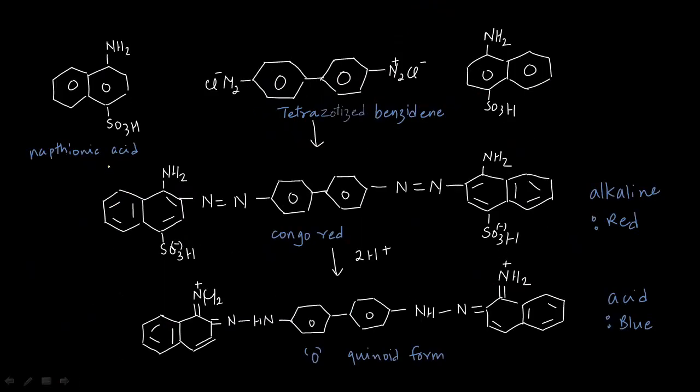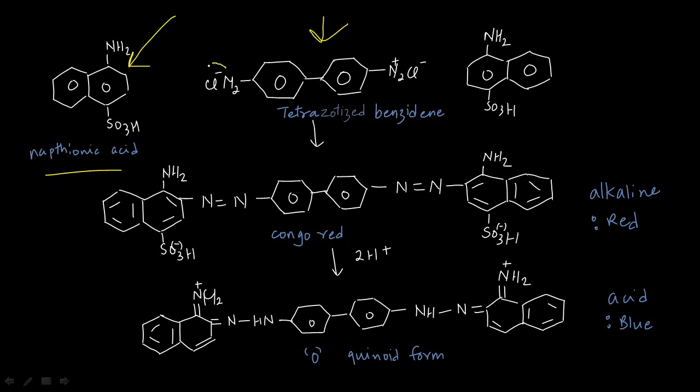Okay, so these structures are pretty much self-explanatory. Next we are discussing Congo red. This is a huge structure perhaps, but it is not as difficult as it seems. We have naphthionic acid, 4-amino naphthalene sulfonic acid, something like that, and we have tetrazotized benzidine.